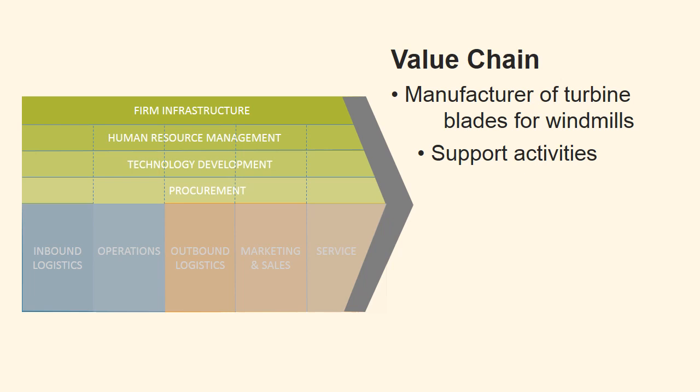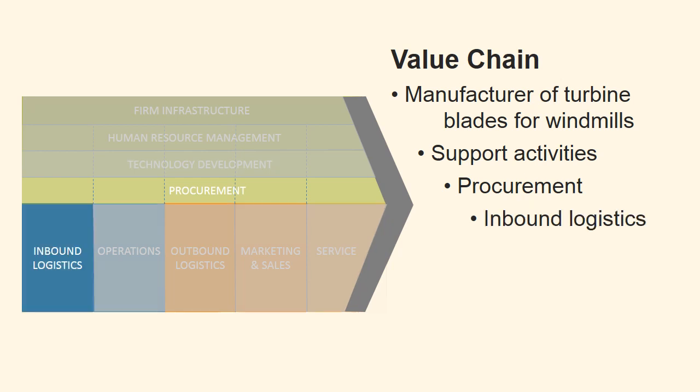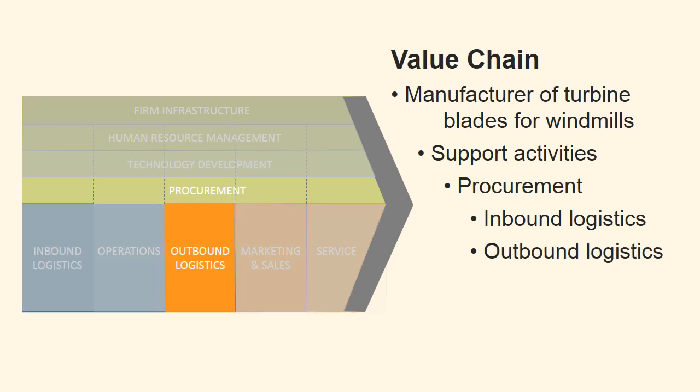Support activities have supported throughout the process around the primary activities. Support activity procurement has probably been helpful in preparing contracts for the purchase of raw materials in primary activity inbound logistics, agreements with a trucking company on transportation of the blade in primary activity outbound logistics, as well as establishing procedures for purchase of flights and hotels for maintenance staff in primary activity service.